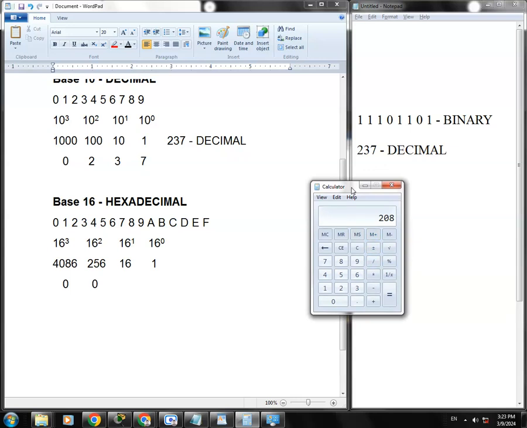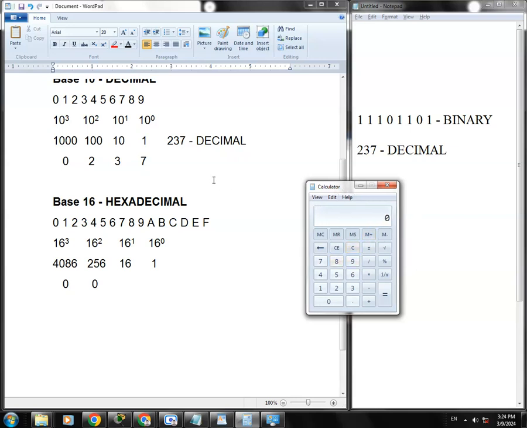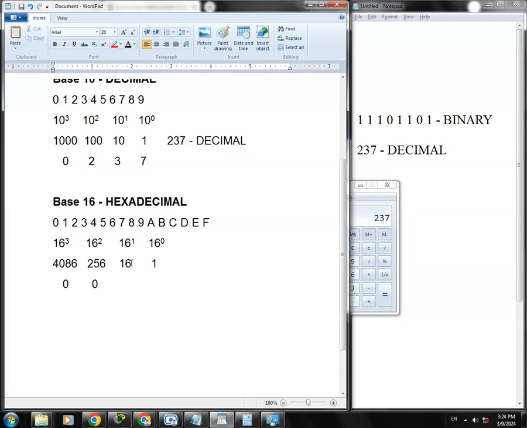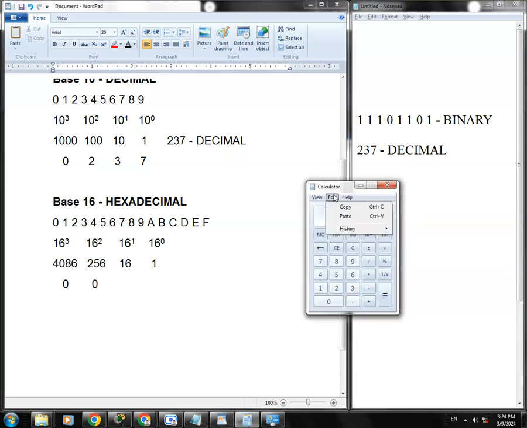Or much better, the technique is to just input the decimal 237 and simply divide it by 16. So we now need 14 pieces of 16.